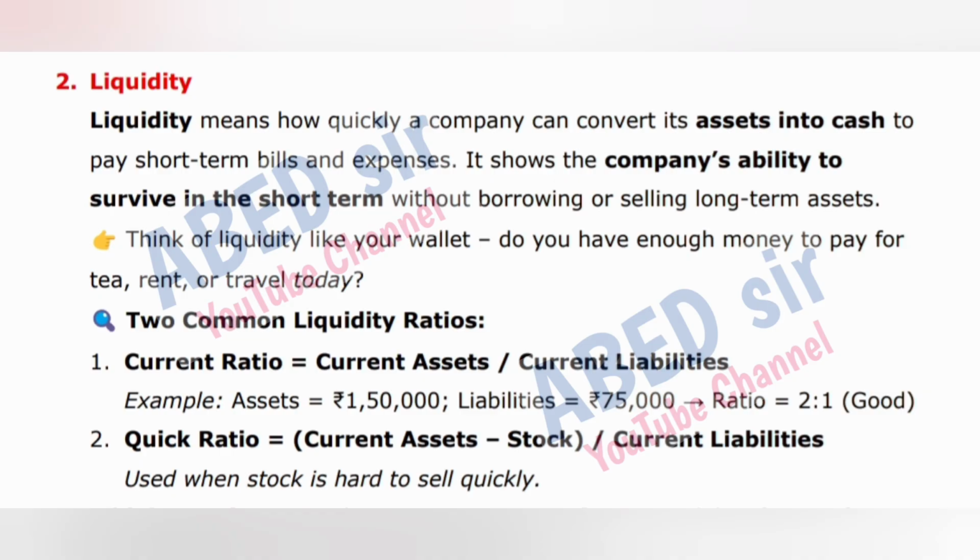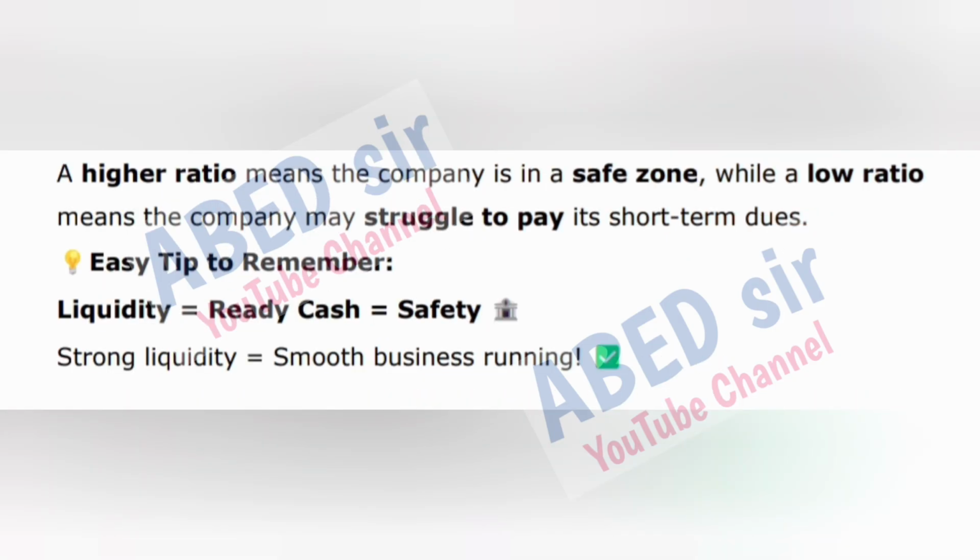Used when stock is hard to sell quickly. A higher ratio means the company is in a safe zone, while a low ratio means the company may struggle to pay its short-term dues. Easy tip to remember. Liquidity is equal to ready cash is equal to safety. Strong liquidity is equal to smooth business running.